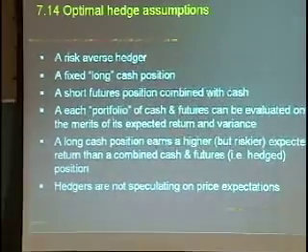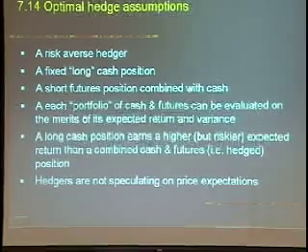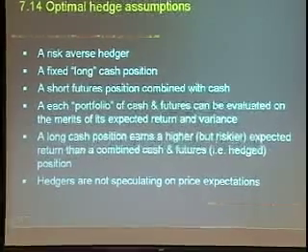But it will differ from 1 if the correlation coefficient differs from 1. And it's just a matter of plugging the correlation coefficient and the standard deviations into this formula to determine the optimal hedge. I'll come back to this on Wednesday. So why don't you try to read this in the chapter, and I'll spend 5 minutes on it Wednesday. Okay?